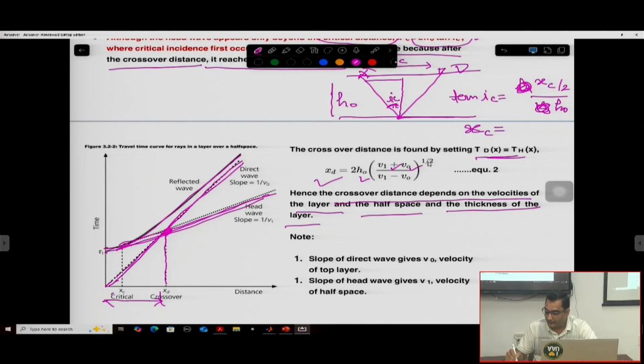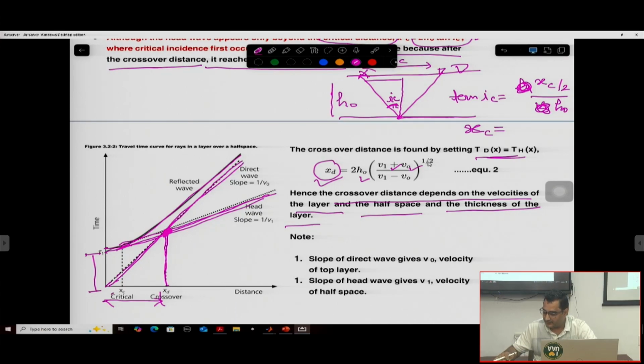And if you measure this distance on the seismic section, that is your crossover distance, and then incorporate it into this formula, then because you already know V0 and V1, you can get the thickness of the top layer. Also you can find out the intercept, right?